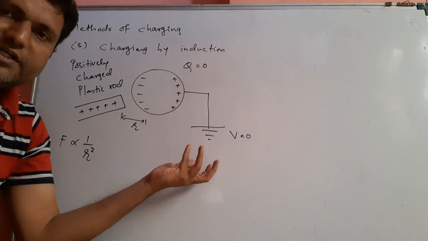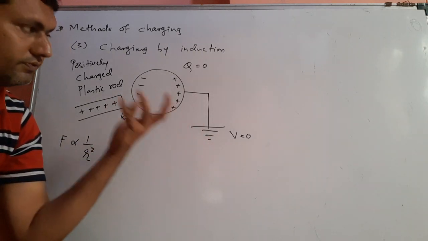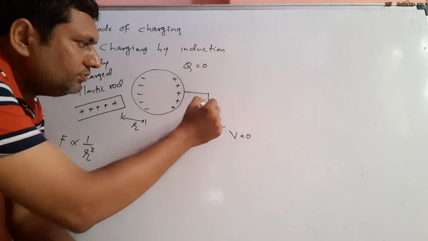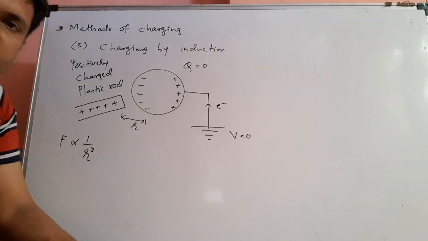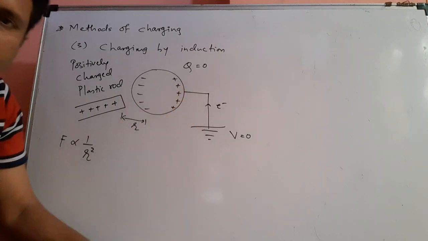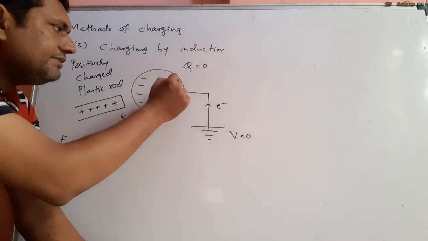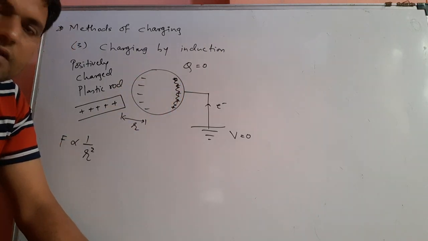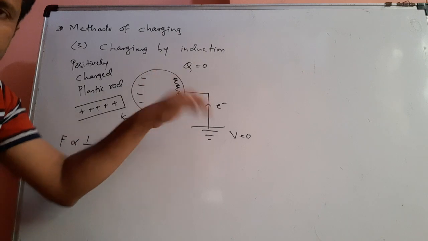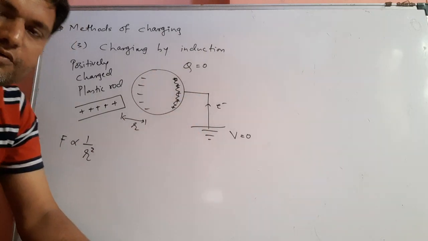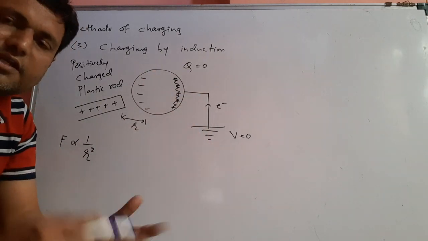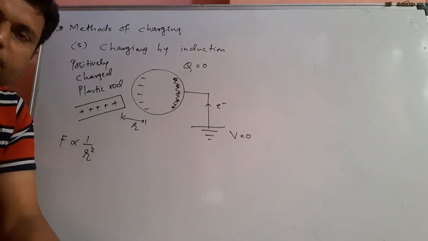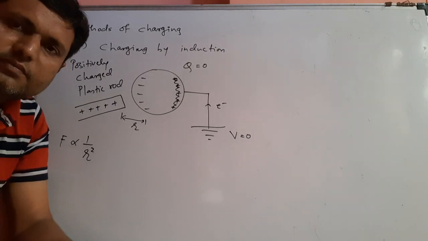We can also say that electrons from the ground get attracted towards this positive charge and it neutralizes this positive charge. You can also say the opposite, that positive charges are attracted towards the electrons of the earth and the ground. Whichever way you say it, both are actually the same.